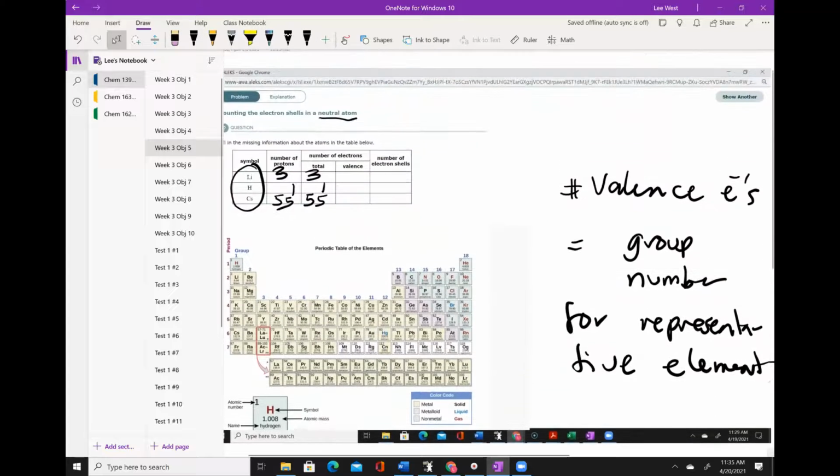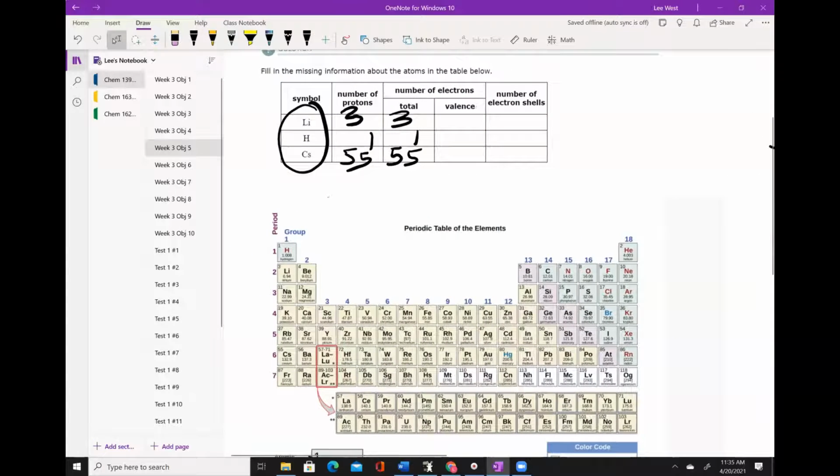If you remember how that goes, it goes 1A, 2A, 3A, all the way across until 8A. So that's the numbering system that we're going to be using to decide the number of valence electrons.